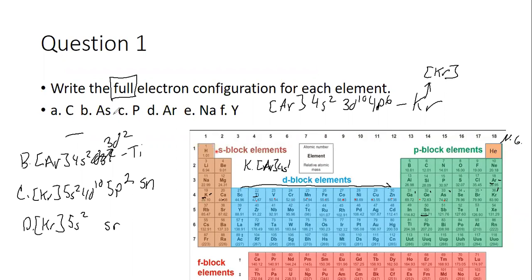If I just say electron configuration, without the full, you can write it either way. The only time I would want 1s2, 2s2 all the way is if I specifically say what's the full electron configuration. But generally, people will always use this shorthand. Okay, so any questions? If not, we can move on.